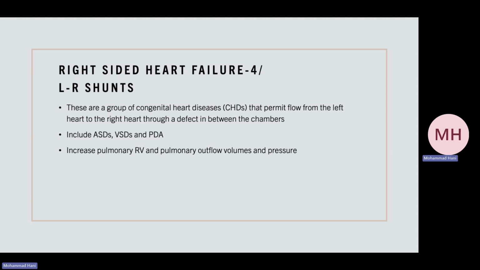If you increase pressures and volumes in the right side of the heart, it forces the heart to undergo hypertrophy to be able to withstand these higher pressures because of the excess blood being forced into the right heart. As the right ventricle hypertrophies, at a certain point it hypertrophies greater than the left ventricle. This can cause shunt reversal, and that's termed Eisenmenger syndrome.